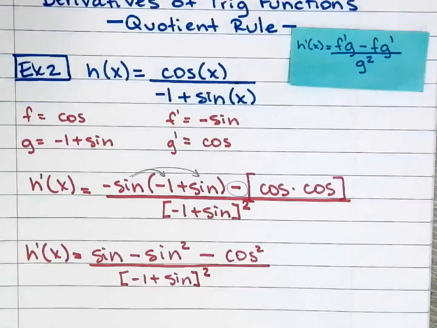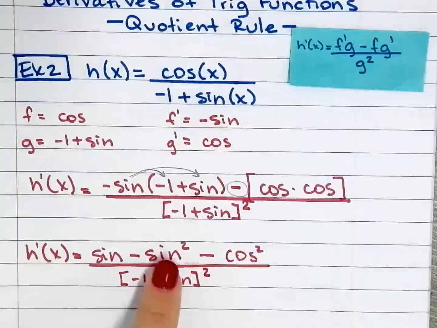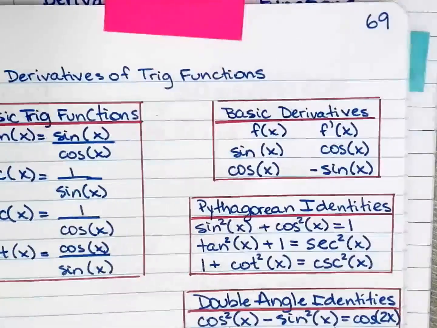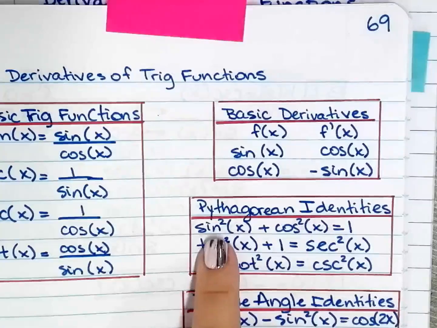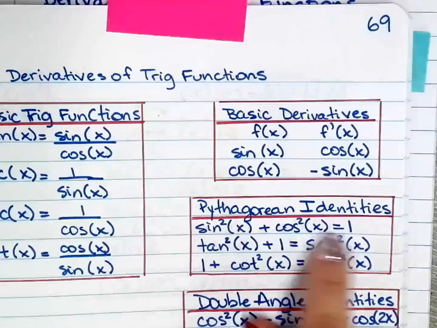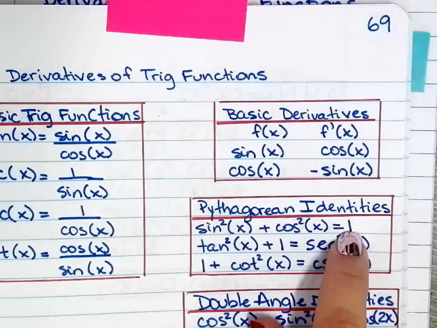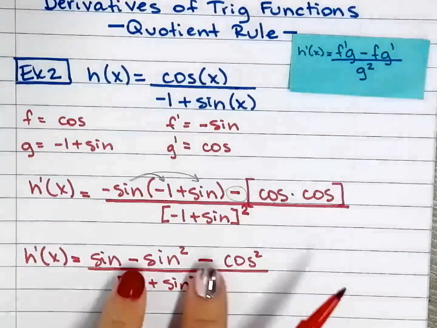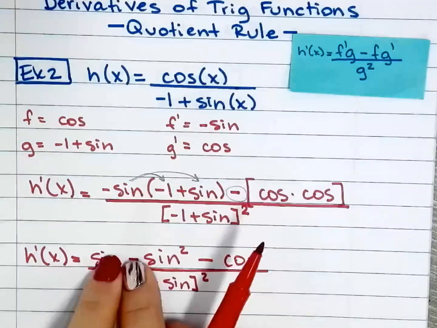Okay? Now, negative sine squared minus cosine squared. If they have the same sign, that equals 1. And that's what we're going to do.